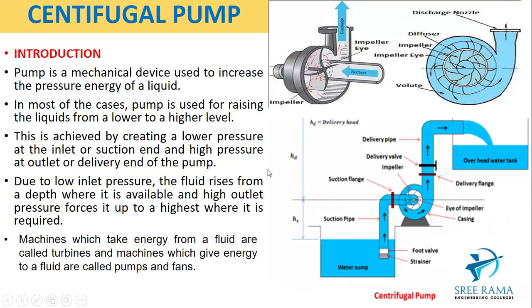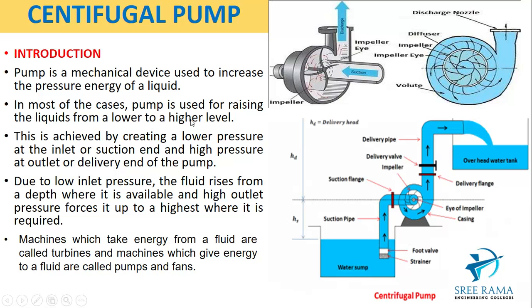Now coming next, the machines. What is the difference between machines? Broadly, we have already studied turbines and pumps. What is the difference? Turbines are the machines which take energy from the fluid, whereas pumps give energy to the fluid. That means the machines which take energy from the fluid are called turbines, whereas the machines which give energy to the fluid are called pumps or fans.